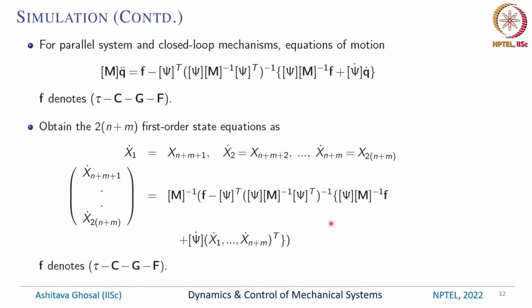So it is a reasonably straightforward approach of converting n second order ordinary differential equations into 2n first order ordinary differential equations. In the case of parallel systems and closed loop mechanisms, we have 2n plus m first order equations.